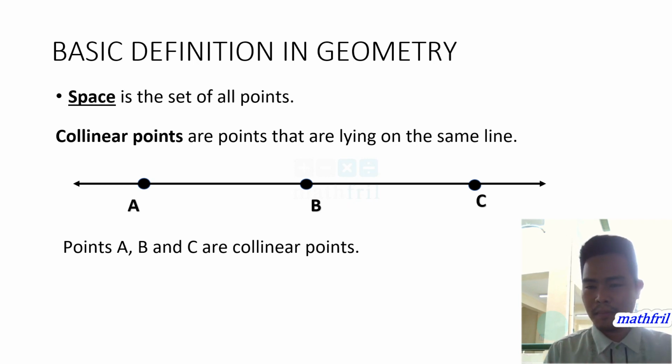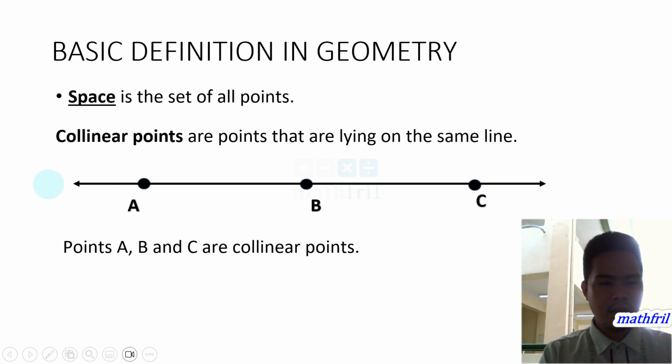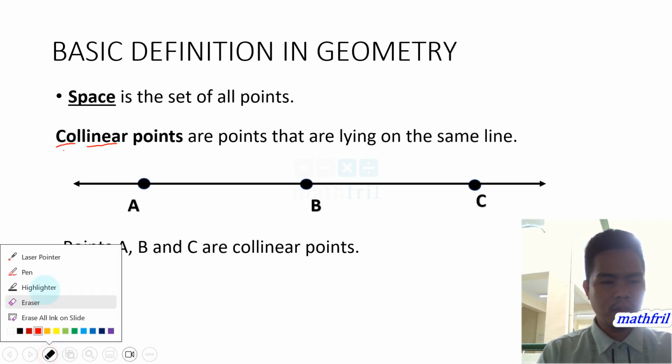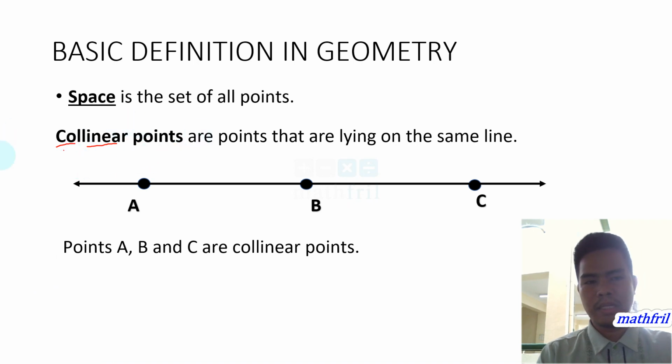Co means same, and the word linear here. So here, co means same. The idea of co, same, and the word line, linear here, same line. So that's one word referring to two terms, two ideas.